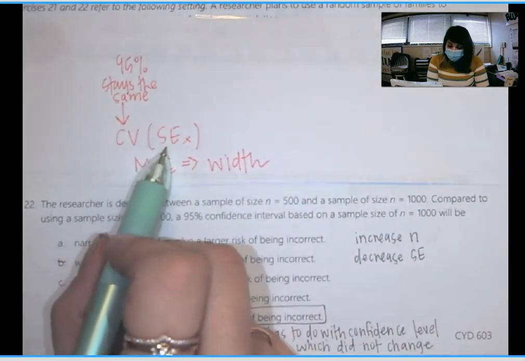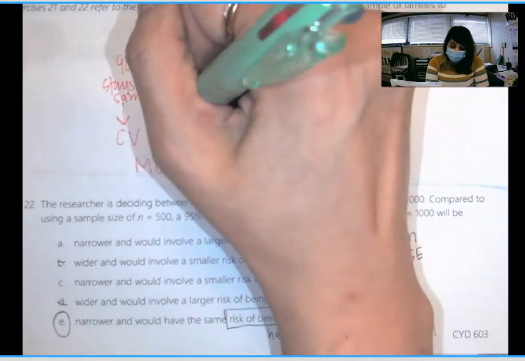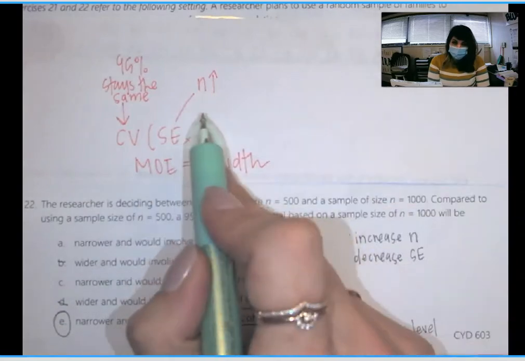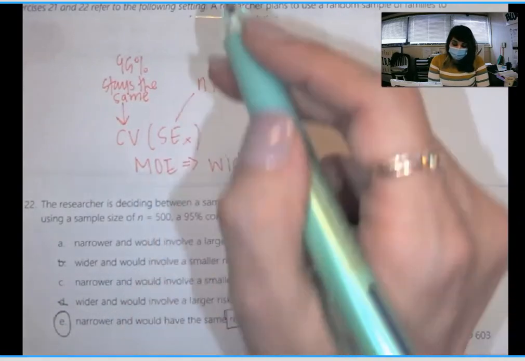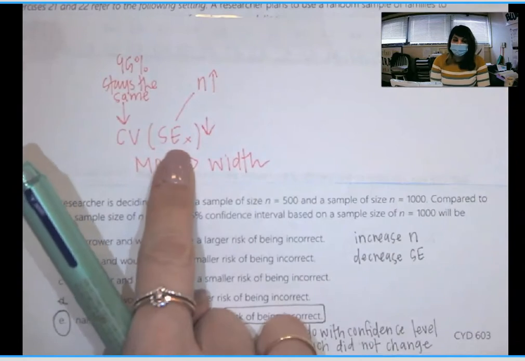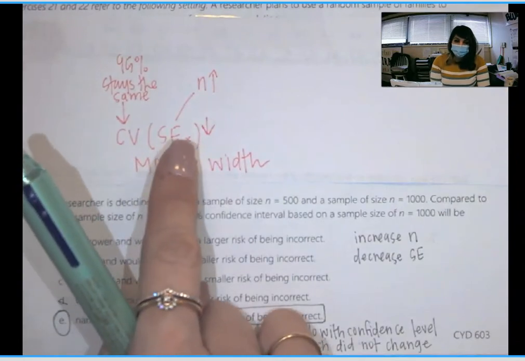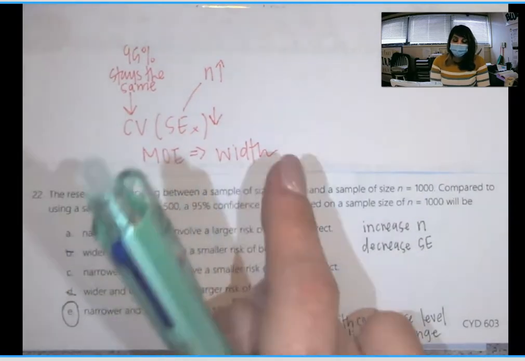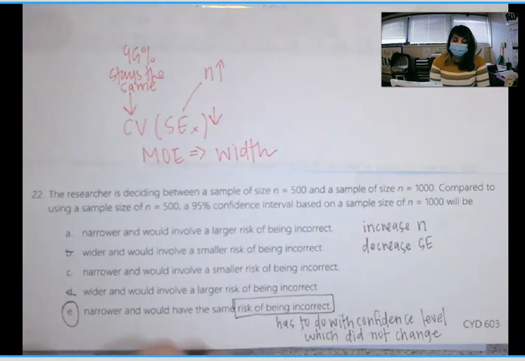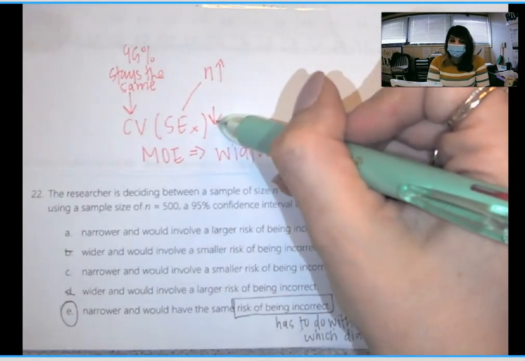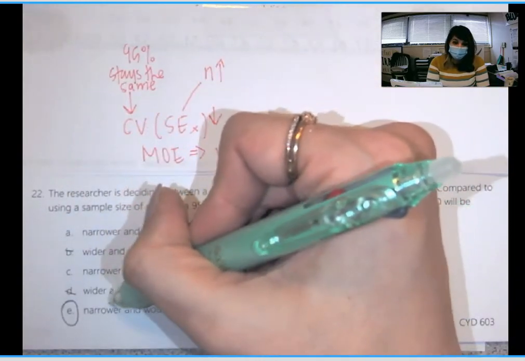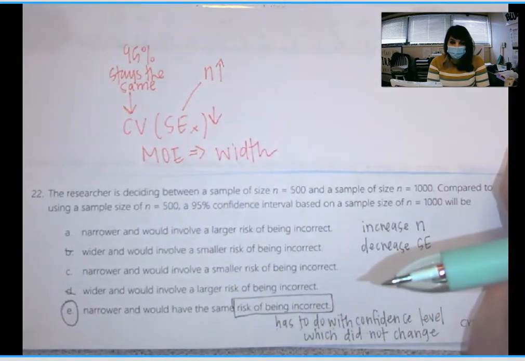This standard error decreases if you increase n. So if you increase n, this decreases. If that decreases, that means that your confidence interval gets narrower. So our options need to be narrower. So B and D are not an option.